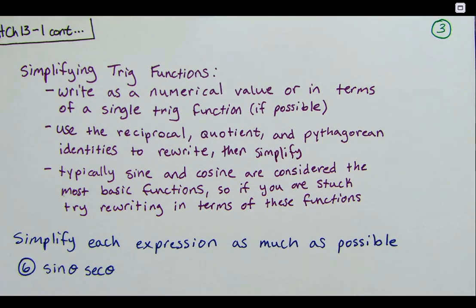Now, typically we consider sine and cosine to be the most basic of our trig functions because all the other functions are derived from those two things. So if you get stuck, try writing things in terms of sine and cosine, and then keep going.